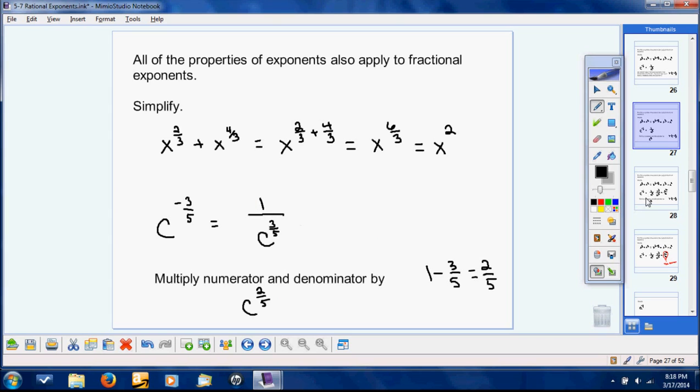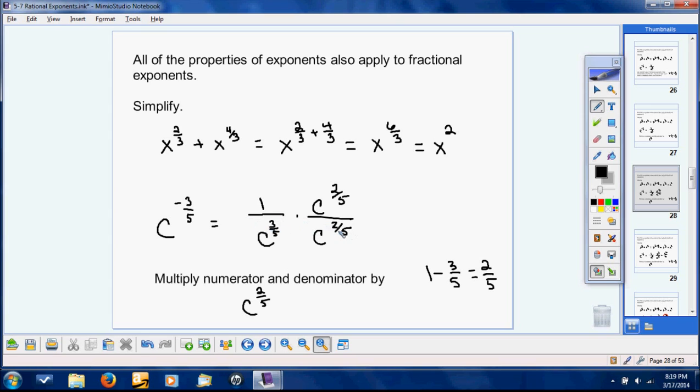Right, so let's see what happens when we actually do that. If I multiply this times c to the 2/5 over c to the 2/5, remember you add the exponents.